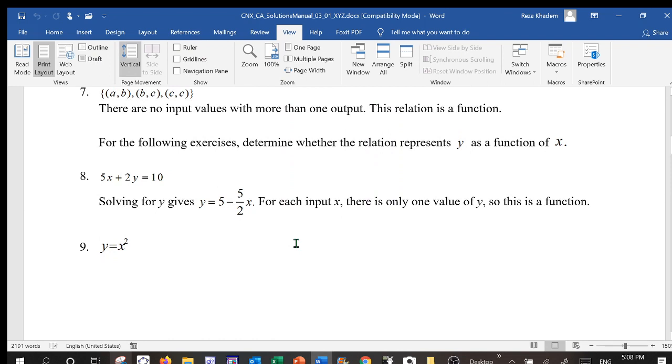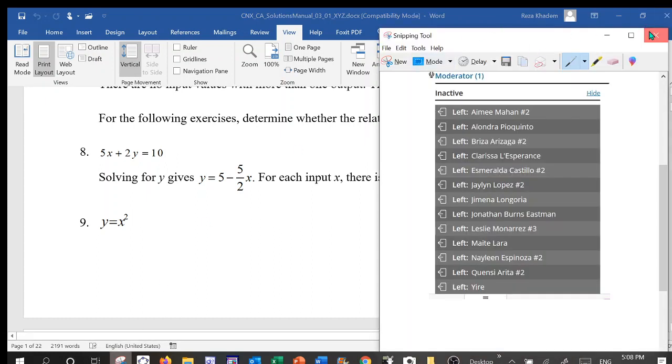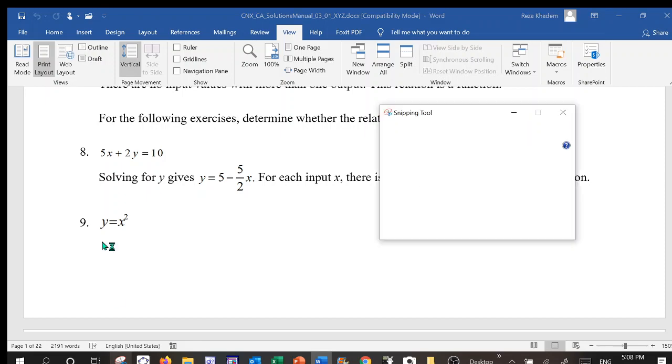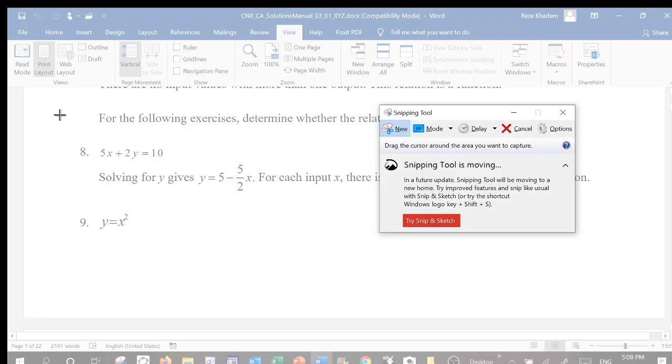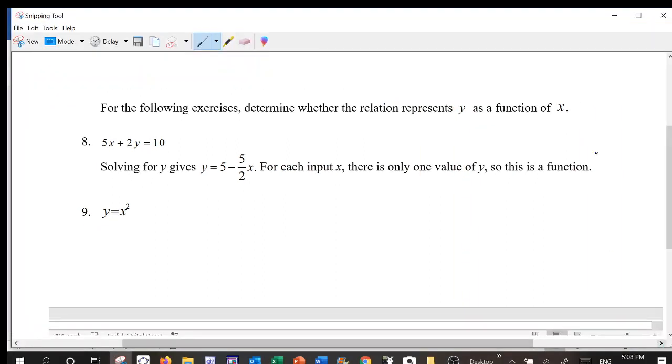Okay, so what we are asked to do here is, it says for the following exercises, determine whether the relation represents y as a function of x. So let's talk about that idea.